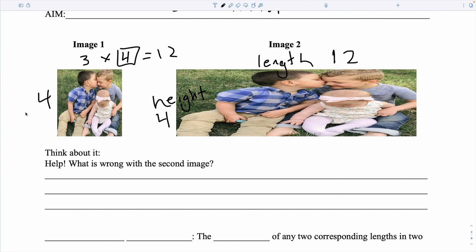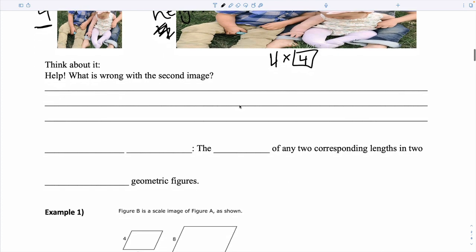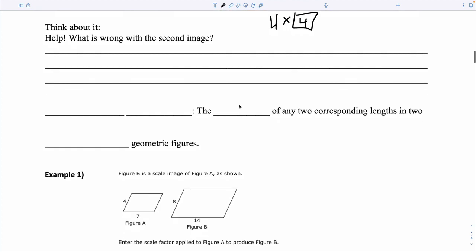If I wanted to do a similar scale factor to get from 4 to a shape that makes my picture look good, I would take 4 and multiply it by the scale factor. My new side for this side over here should be 16 if I want it to look nice and neat and not stretched. That's essentially what we're doing today, and you're going to be doing that with shapes, not pictures.